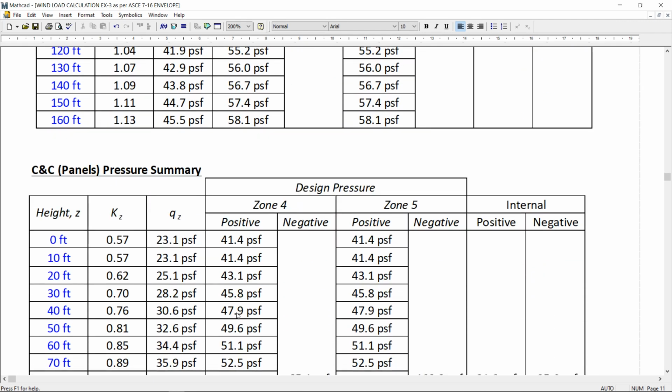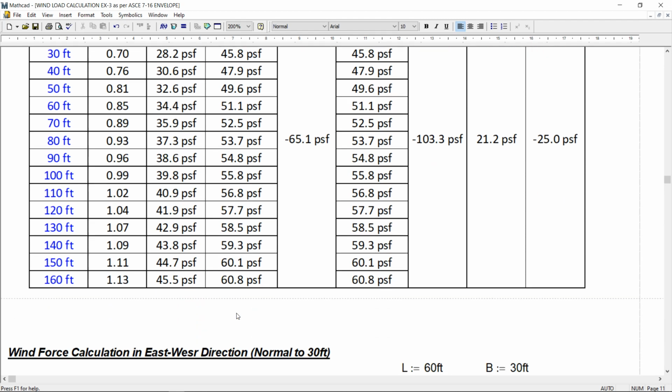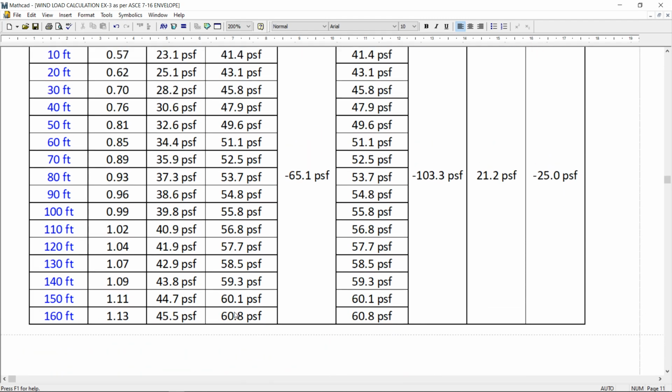So once we calculated the wind pressure on component and cladding, of course we should calculate in both the directions. Then we should design the component and cladding accordingly. That means it's not only important that you calculate the wind force on the main wind resisting frame system. That's fine.